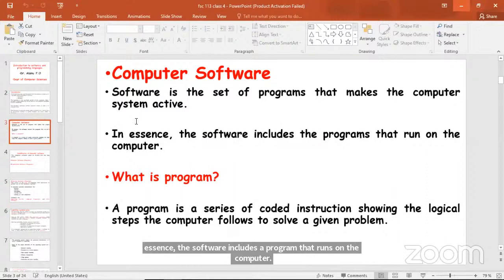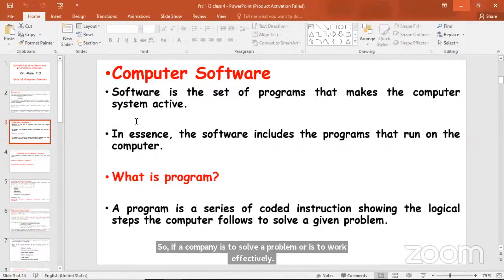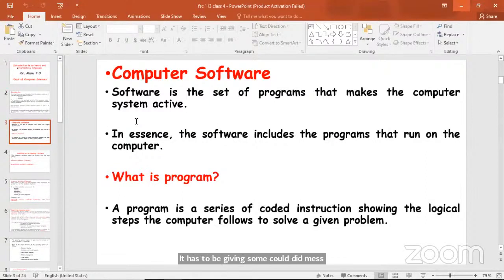So if we have said that software is a set of programs, and we also say that software includes the programs that run on the computer, what is this program? A program is a series of coded instructions showing the logical steps the computer follows to solve a given problem. So if a computer is to solve a problem or to work effectively, it has to be given some coded messages.